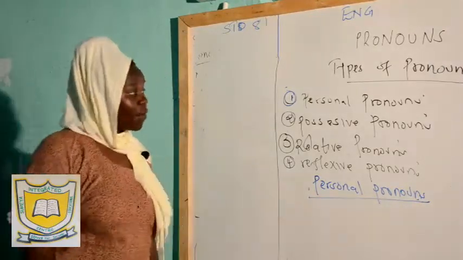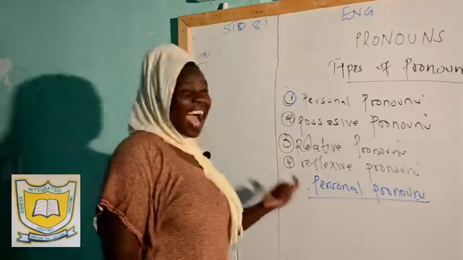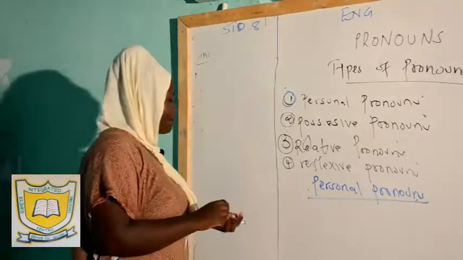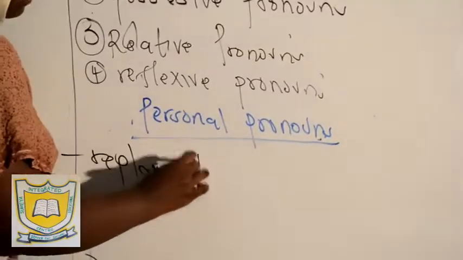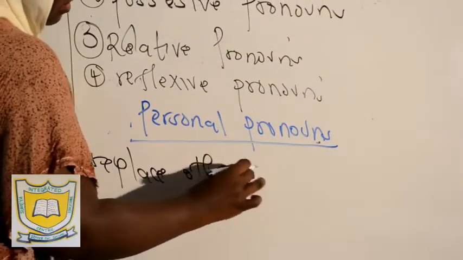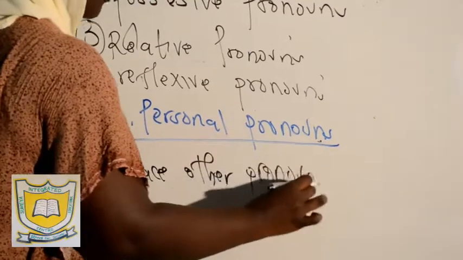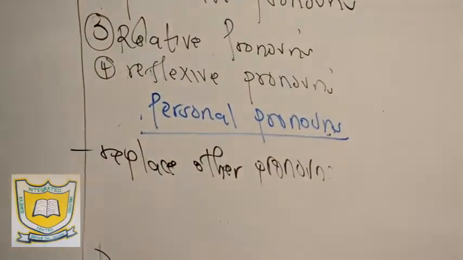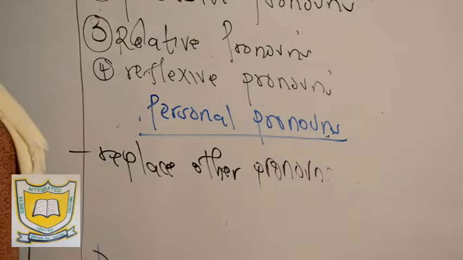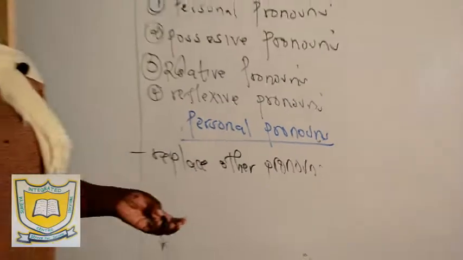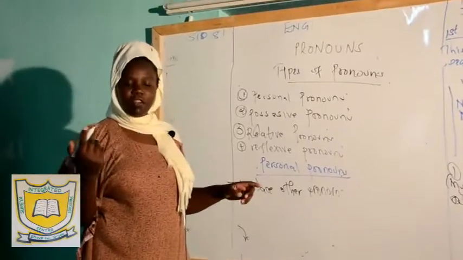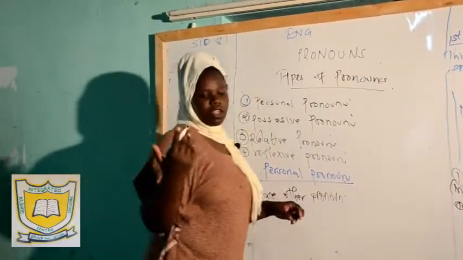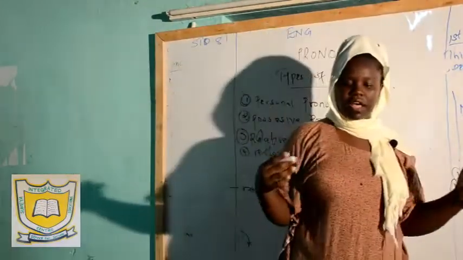Now, personal pronouns replace other pronouns or names of people or things in a sentence. When we talk of personal pronouns, we have those that are used in place of nouns or other pronouns.